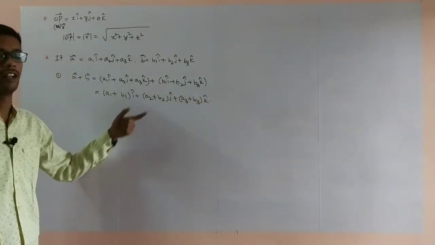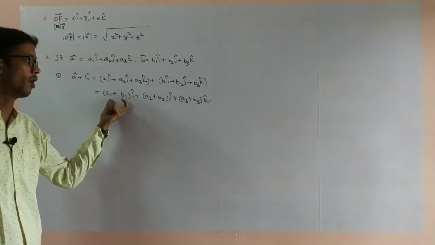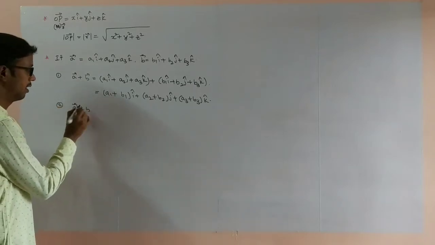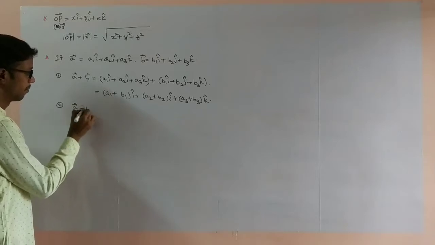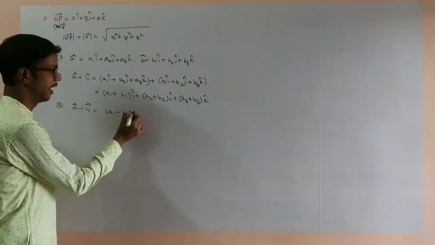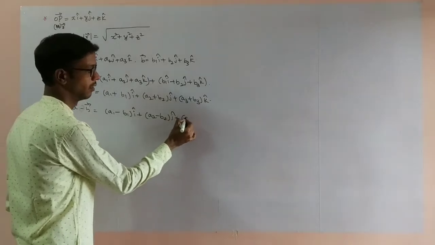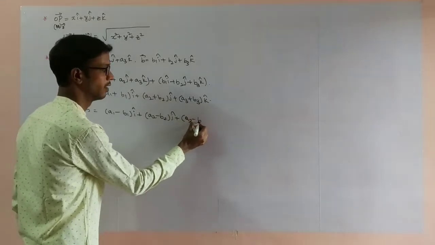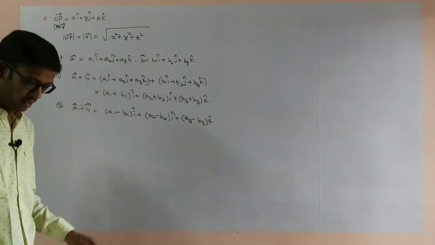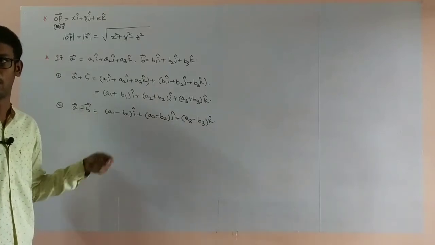This is the addition of two vectors in component form. Similarly, subtraction: A bar minus B bar is equal to A1 minus B1 I cap, A2 minus B2 J cap plus A3 minus B3 K cap.